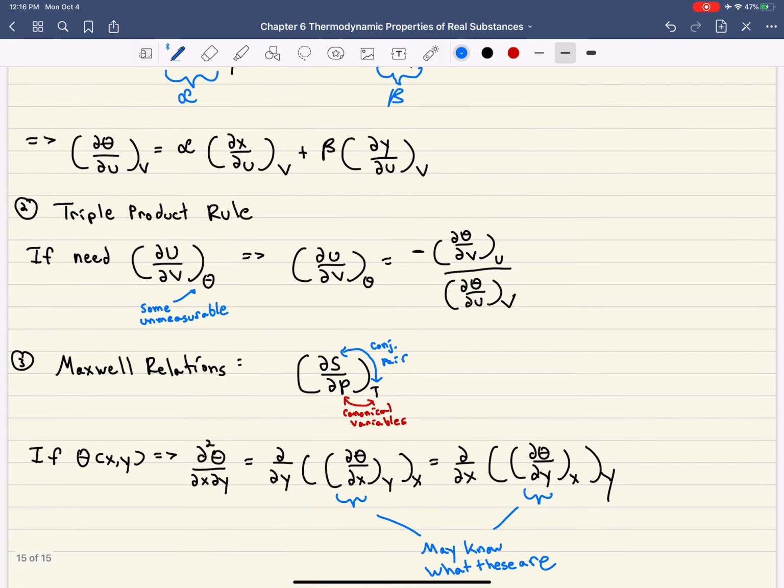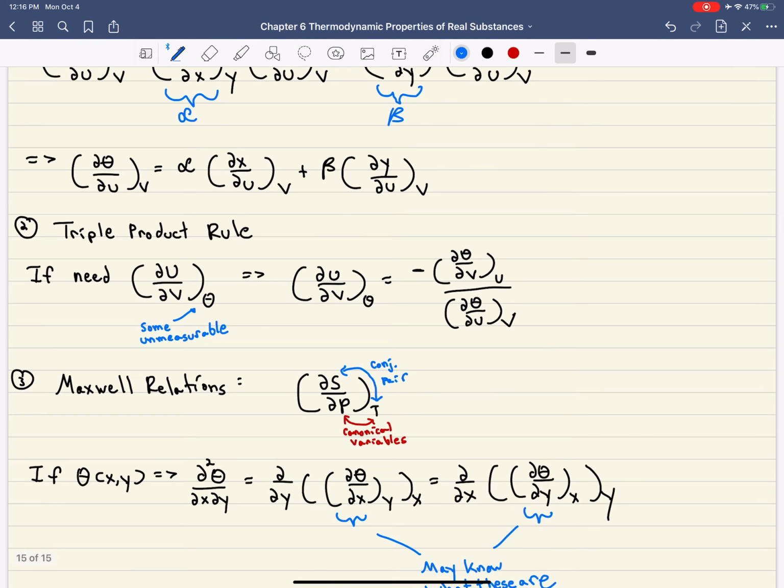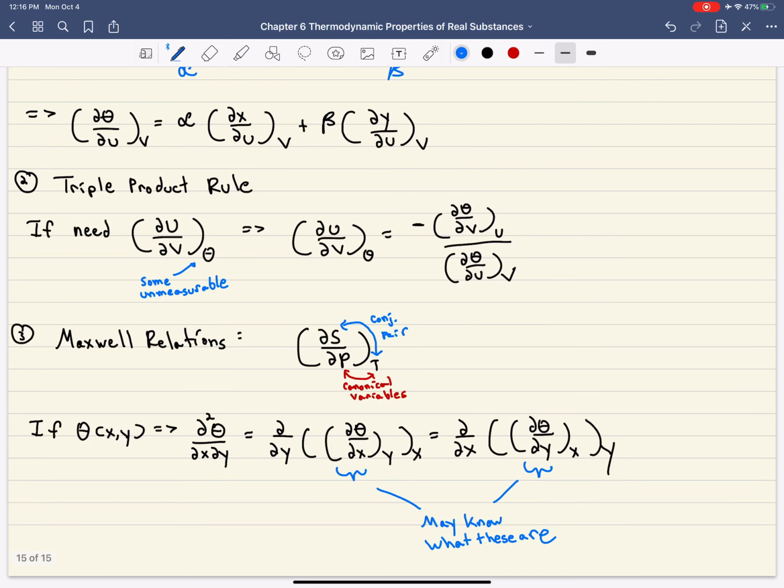The expansion rule, the triple product rule, and the Maxwell relations essentially make up the backbone of the calculus of thermodynamics, and we're going to use these tools to help derive mathematical models that describe our system.